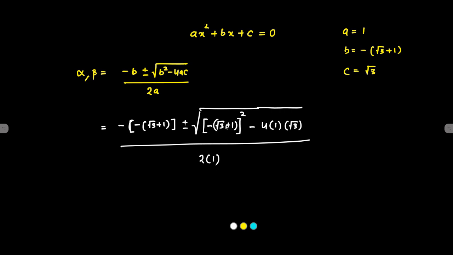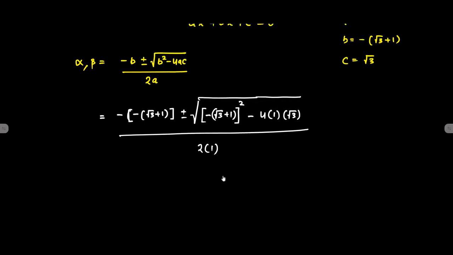Okay, minus b, that is, this is minus root 3 plus 1, so b square minus 4ac. Okay, b is equal to minus root 3 plus 1.